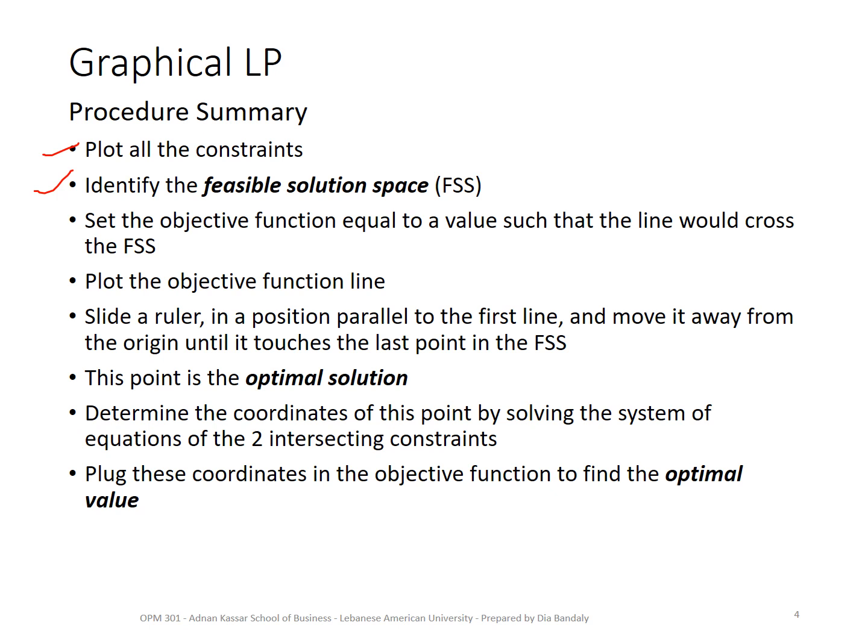It was that yellow polygon that we have found, and then we set the objective function to any value, but my advice for you, use a value that's divisible by both objective coefficients, and then we plot the objective function line using that initial value, and then with a ruler, so you have to have a ruler with you. All right, with a ruler, move the line in a parallel manner away from the origin, because we are maximizing it, until you touch the last point in your feasible solution space, and this point is our optimal solution.